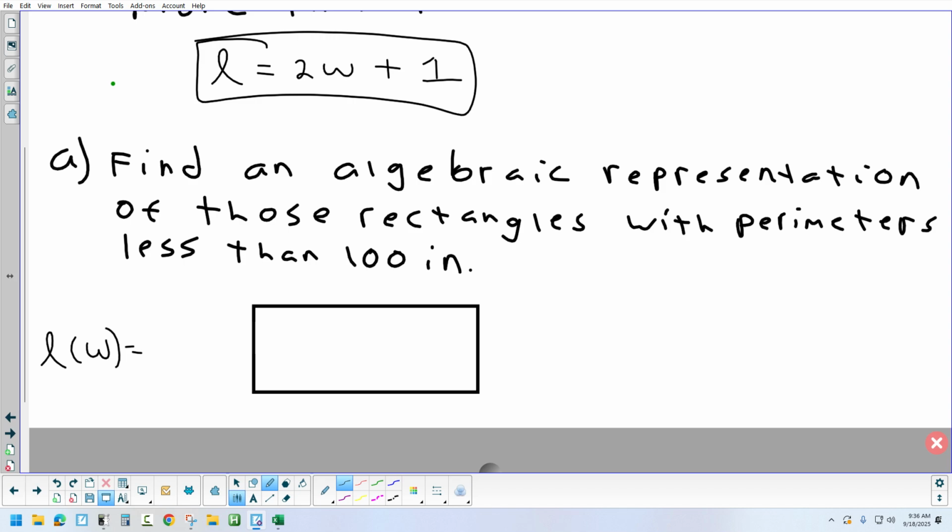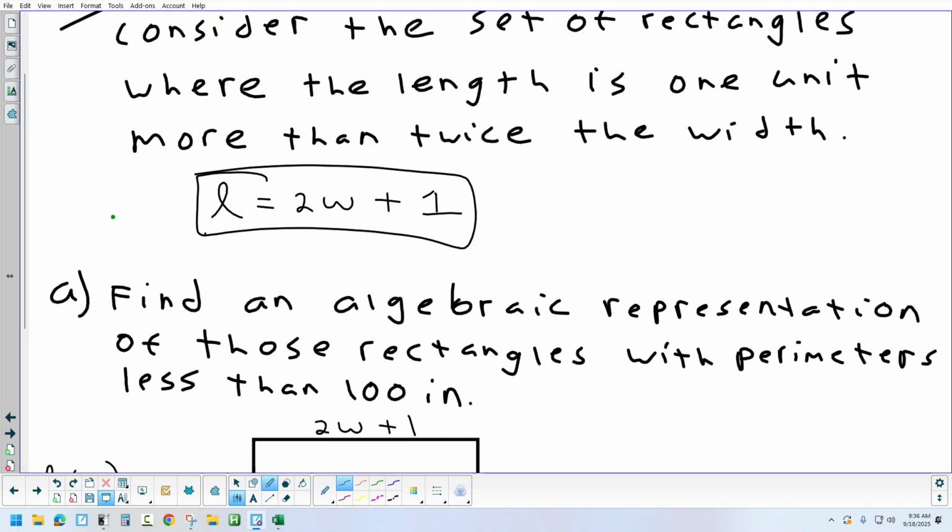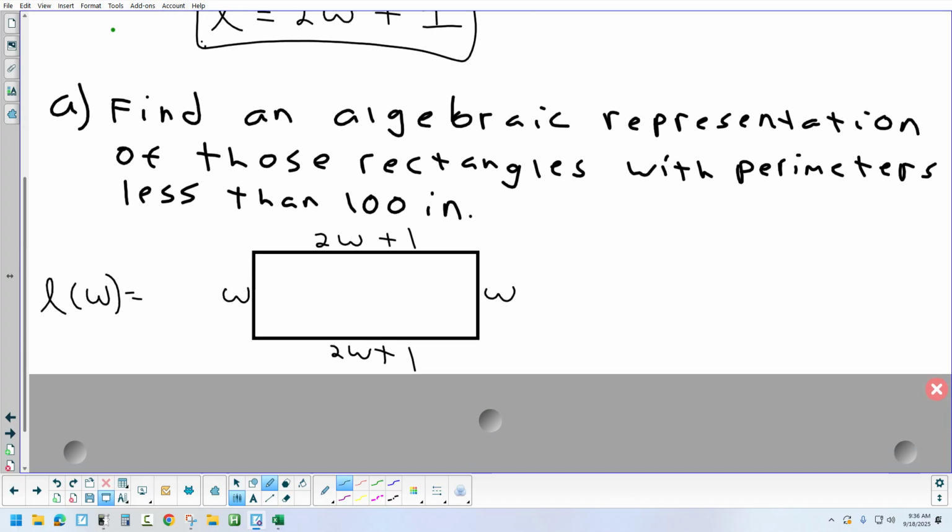So the width is your independent variable, and that's your width. Now your length is double the width plus 1. So just like when we've done perimeter problems in previous lessons, this one's a little different because they're giving you this information to create the labels for your sides.